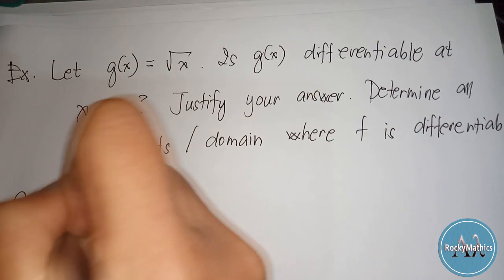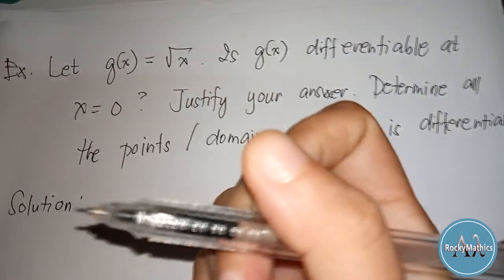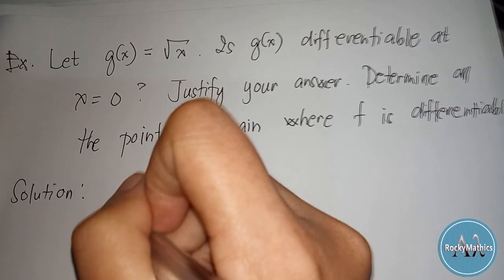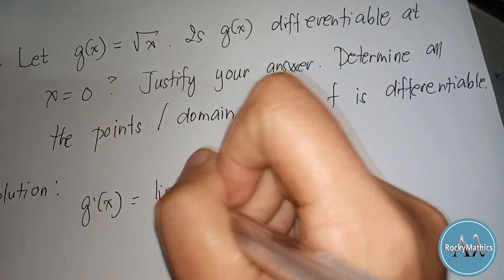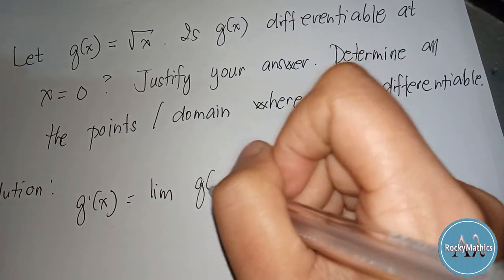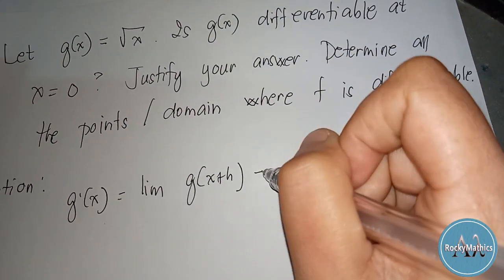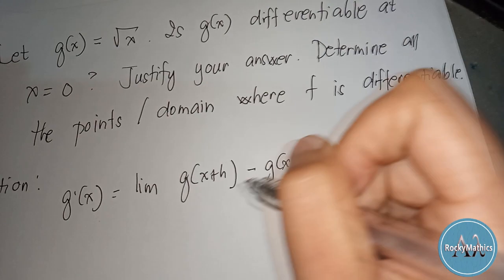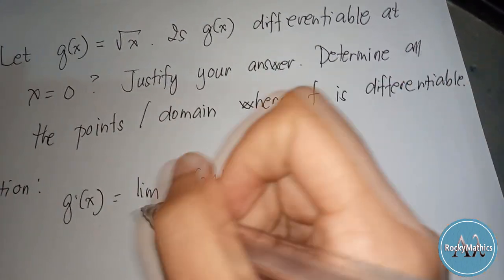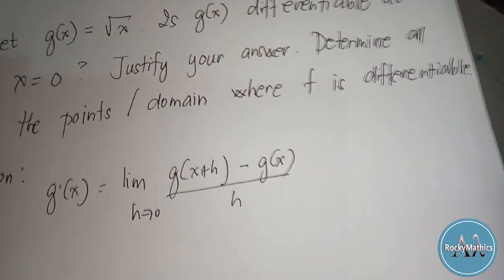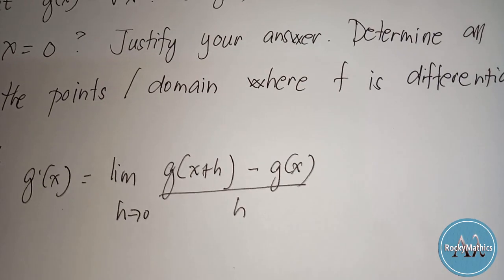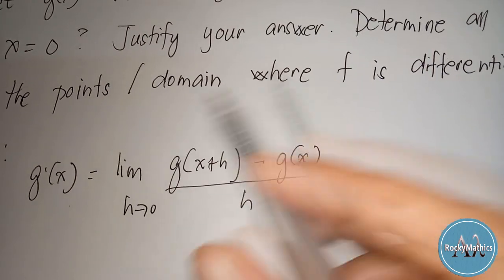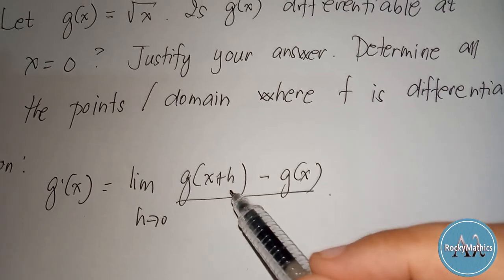Solution. What is g prime? G prime of x, recall, is given by the limit of g of x plus h minus g of x over h as h approaches 0. That's the formula for finding the derivative using its definition. Using the formula, what is g of x plus h?